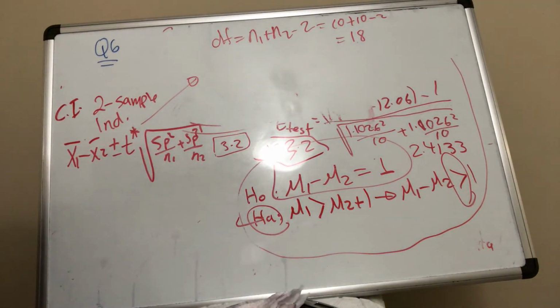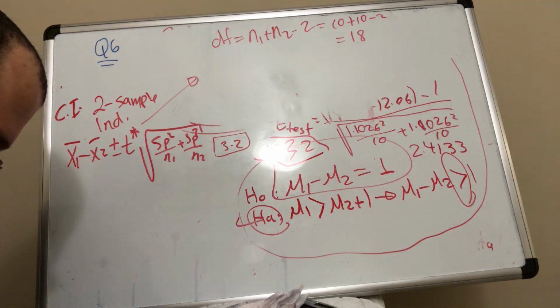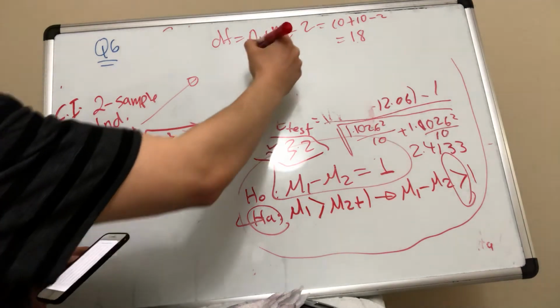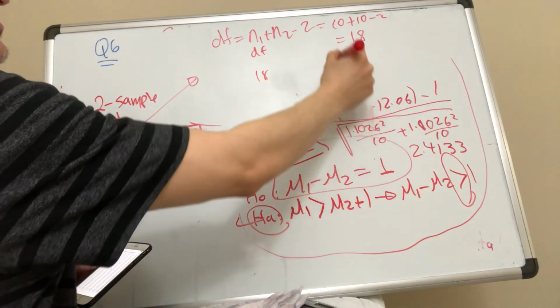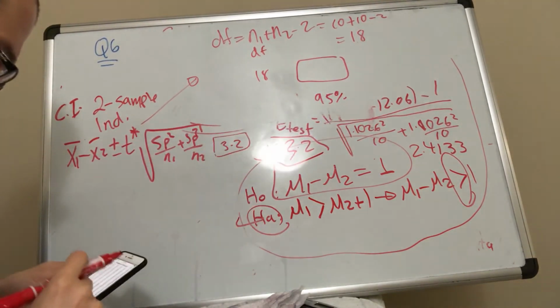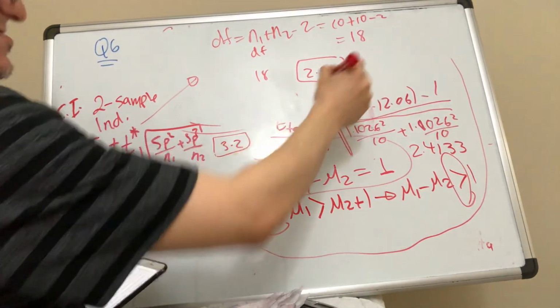You go to your T table, and in the T table you go to the degree of freedom 18, and it's a 95% confidence interval. You look at the common number between degree of freedom 18 and 95%, it's 2.101.